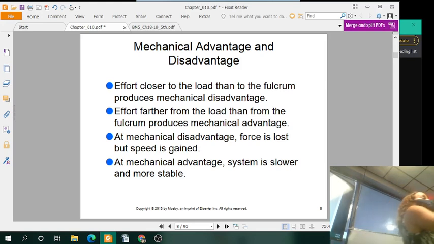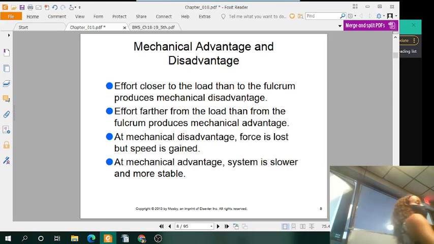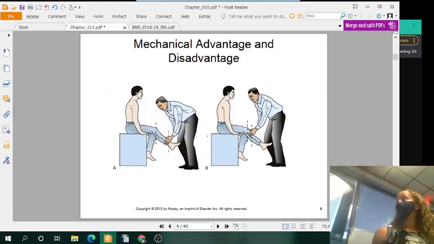So if your effort is closer to the weight, you have to use more force than if you're further away. Then you have more advantage to just tilt it a little bit. That's basically what this is talking about. It uses the example of resisting someone lifting their foot up against resistance.